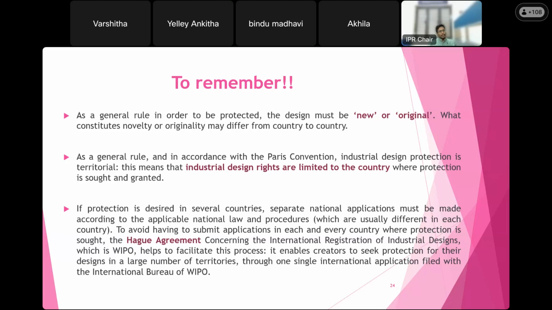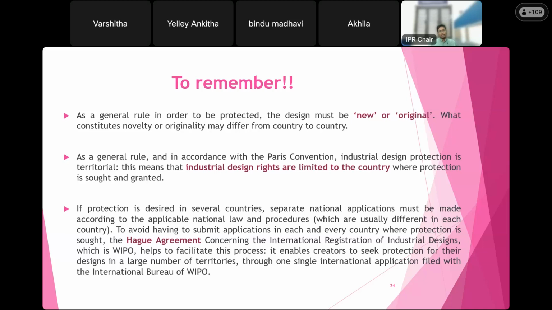The Hague Agreement is the international convention for designs, something like the PCT and Paris Convention. For patents, it is the PCT, Patent Cooperation Treaty, or the Paris Convention. To avoid having to submit an application in each and every country where protection is sought, the Hague Agreement concerning the International Registration of Industrial Designs, maintained by the World Intellectual Property Organization, helps to facilitate this process.